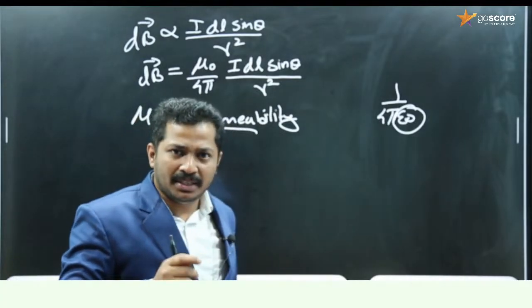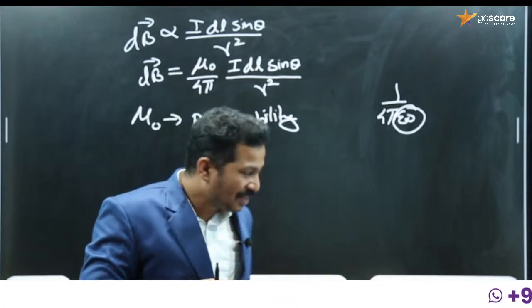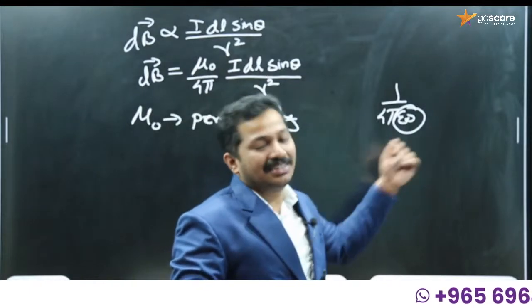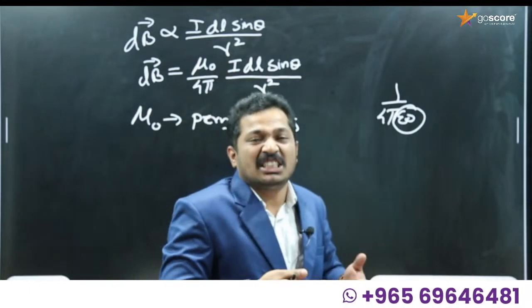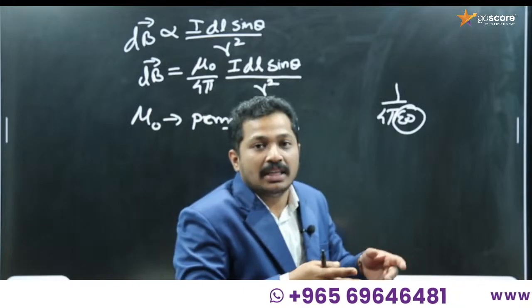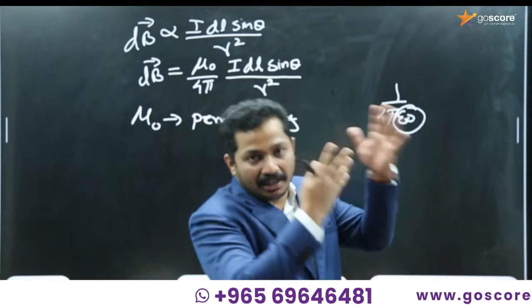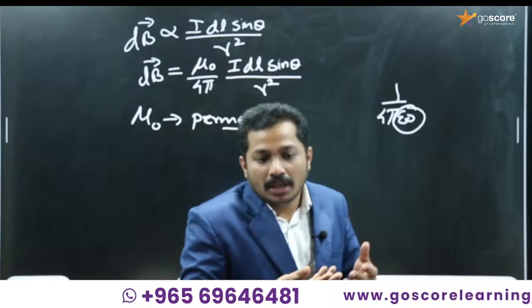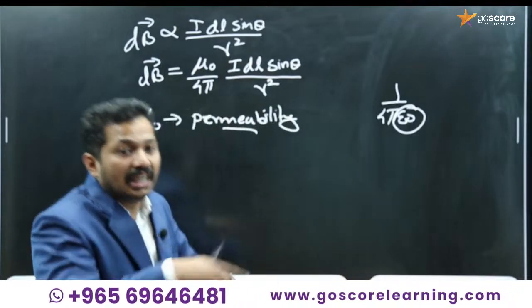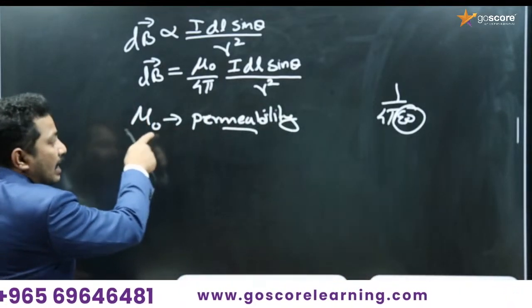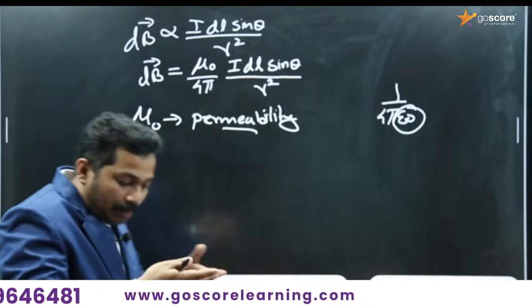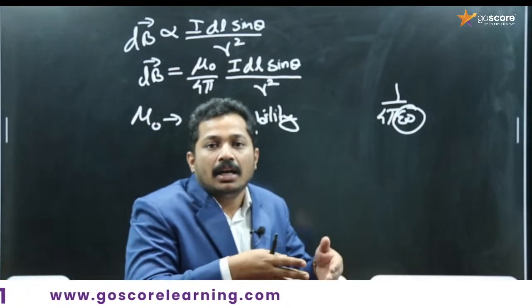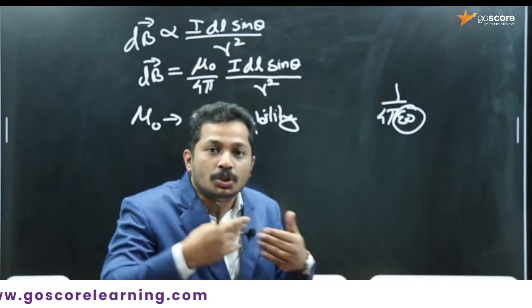So what are permittivity and permeability? Any idea? Electric permittivity is a measure of how that particular medium allows the electric field. Same as that, magnetic permeability is a measure of how that particular medium permits magnetic field lines to pass through it.